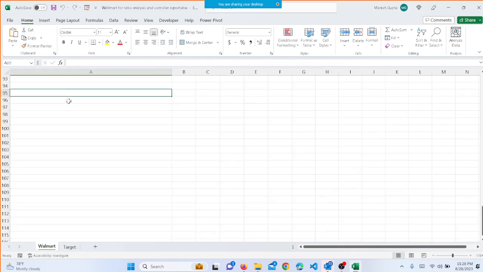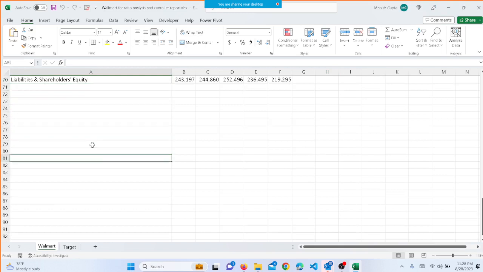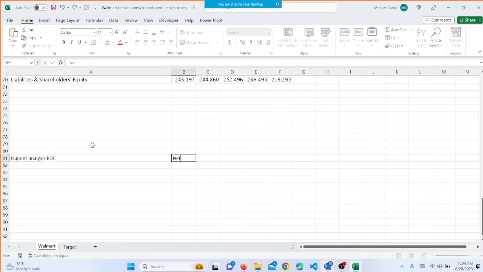The DuPont analysis breaks down the return on equity ratio into different parts. Return on equity, or ROE, is calculated by net income divided by the total owner's equity, right?